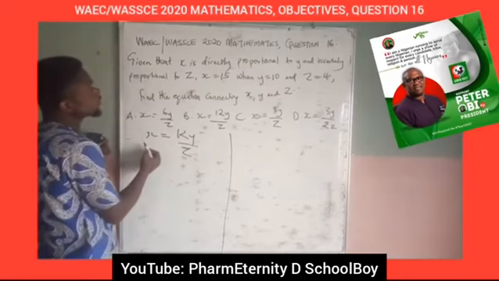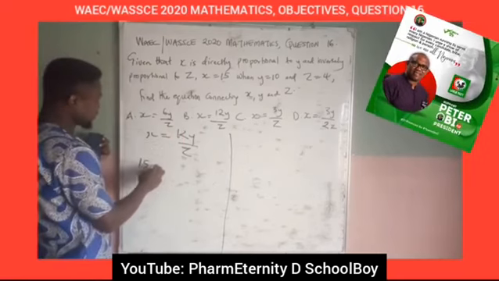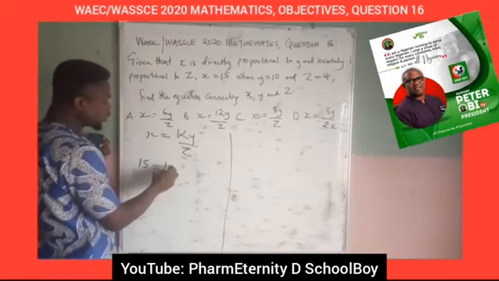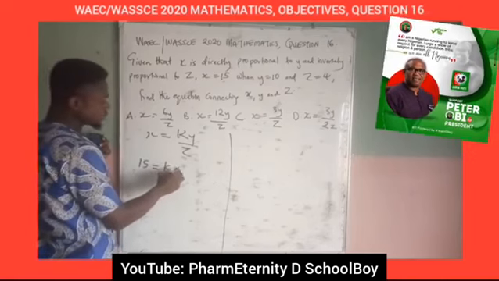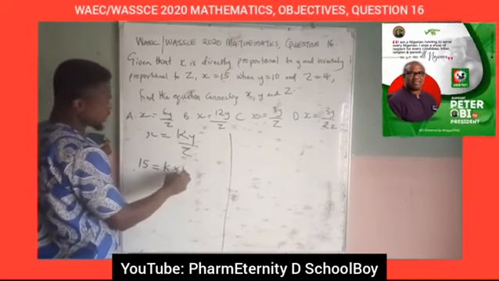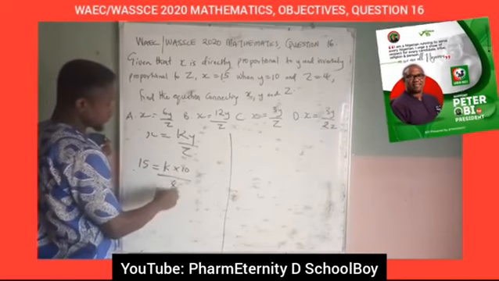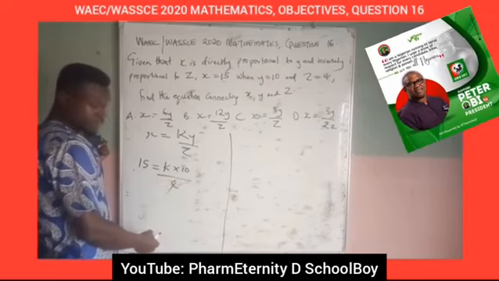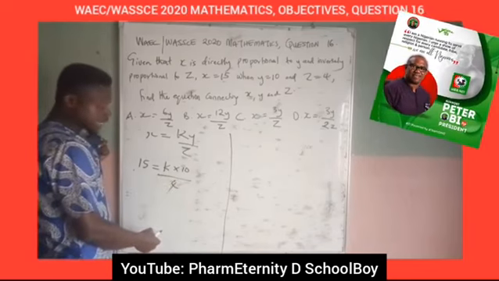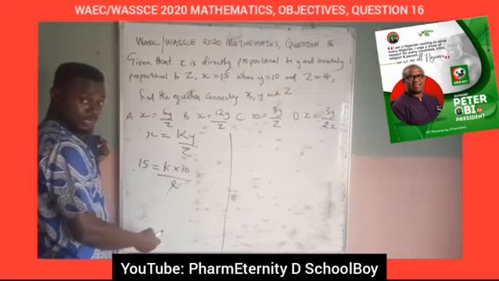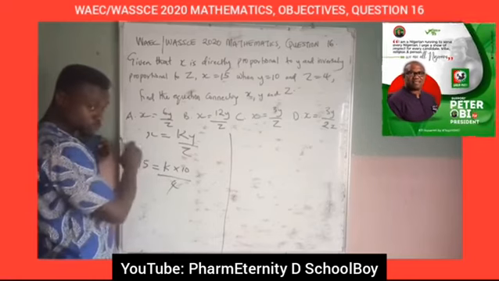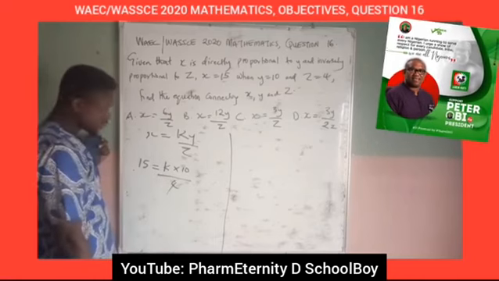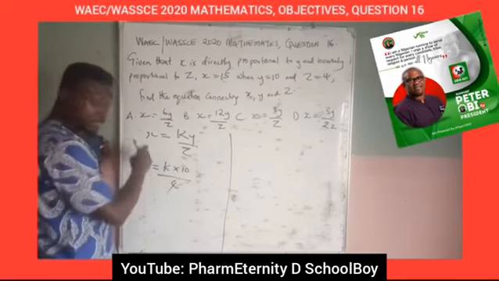x is 15, which is equal to k, we don't know k, times y, which is 10, over 4. Let's cross multiply.